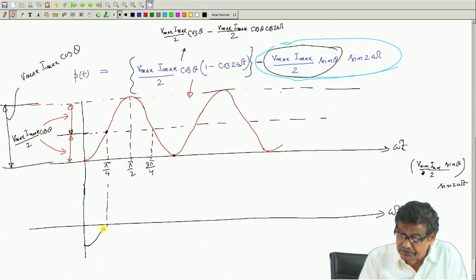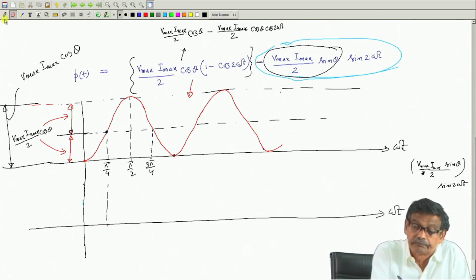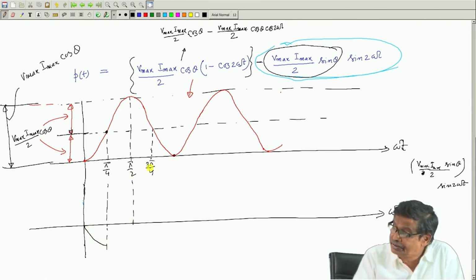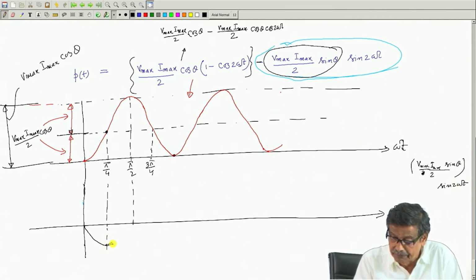So, it has to start from 0 and it will reach maximum here at omega t equal. So, it will be like this. Then at pi by 2, you see, if you put pi by 2, sin pi is 0. So, it must reach 0 here.